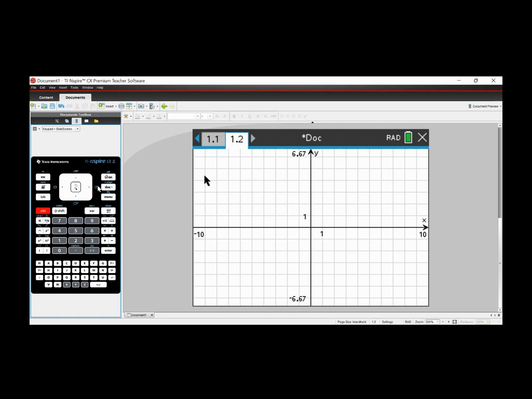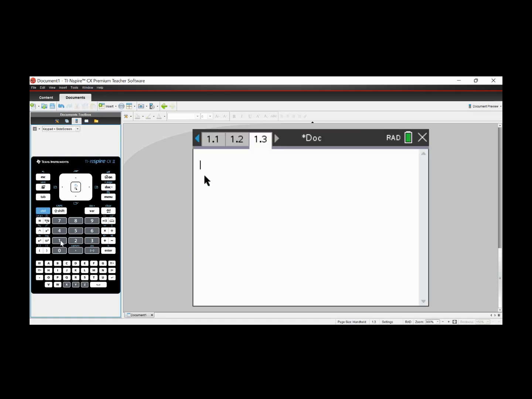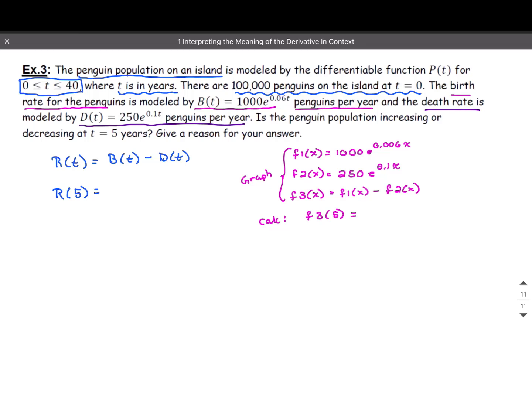Then I'm going to go to a calculator page. And now I'm going to find F3 of, and we wanted this at time 5, and there is our answer, 937.678. So from our calculator, we found that R of 5 is 937.678.